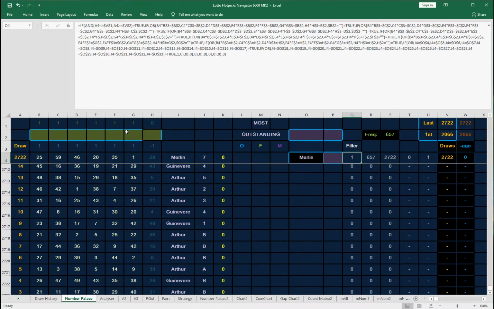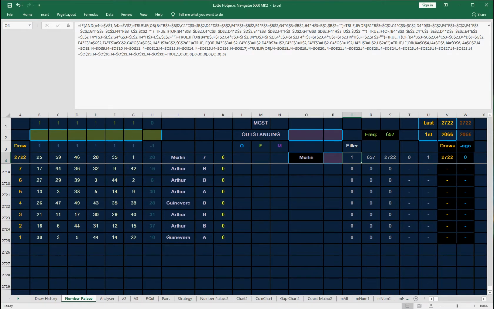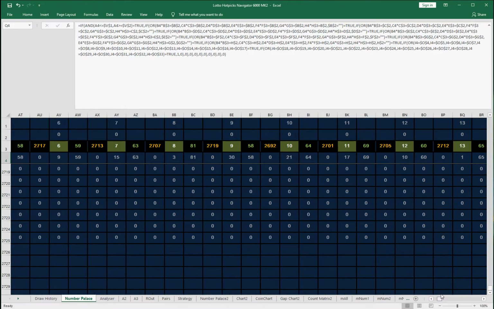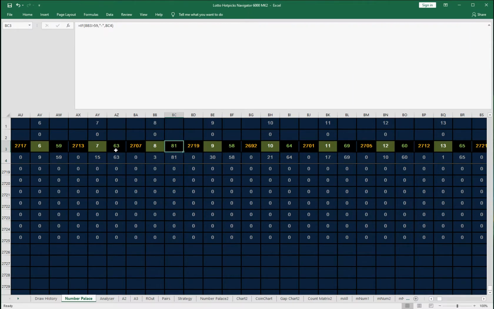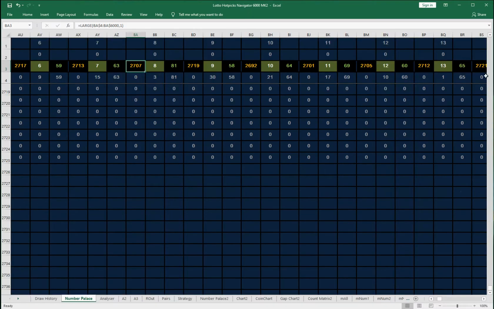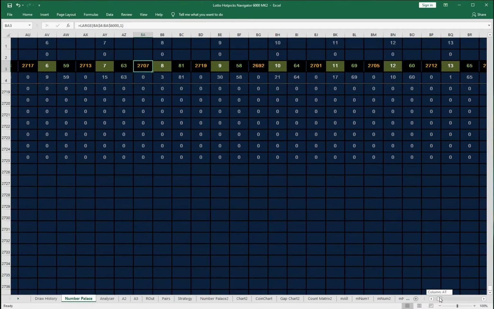And then what I can do with that, as you see, is for each number, measure the frequency and the most recent draw, and do that for each number.